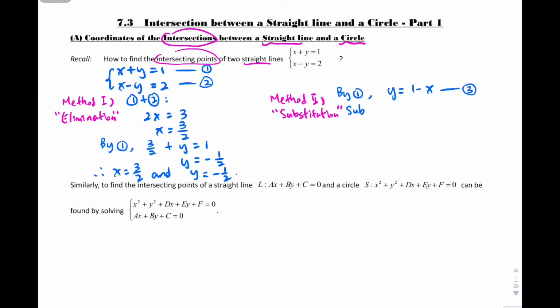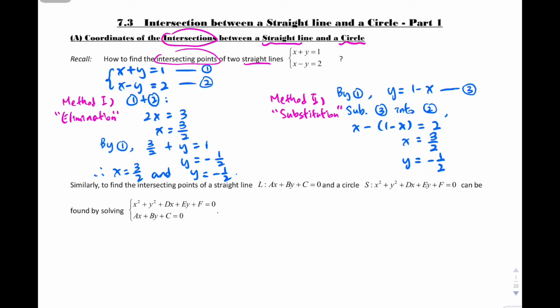And then we can substitute 3 into equation 2. And then you will have x minus y replaced by 1 minus x. Then still, you can solve x equals 3 over 2. And y similarly, you can get the value, which is negative 1 over 2.